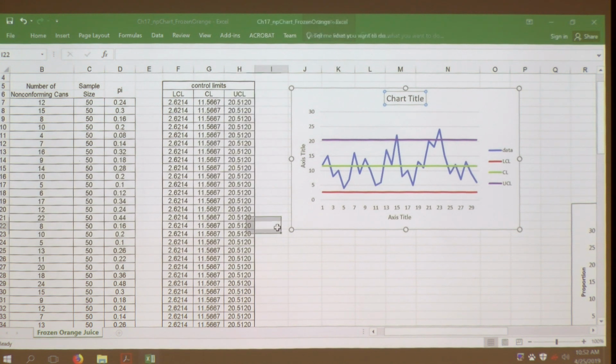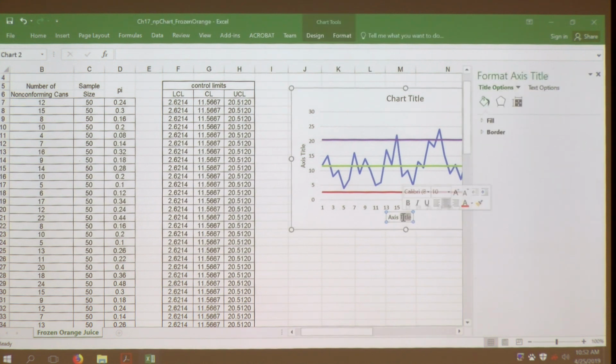Okay, and then what is our x-axis? X-axis will be the sample number, right? And what will be the y-axis? What will be the y-axis?